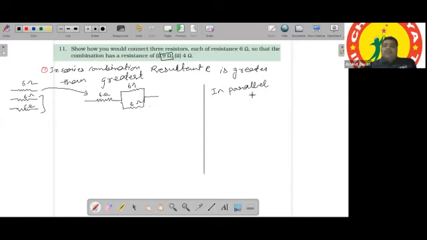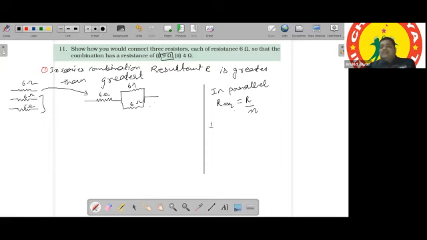In parallel, R equivalent is given by R by N. If there are two resistances, R equivalent will be R by 2. If there are three resistances, it will be R by 3, and so it goes on.